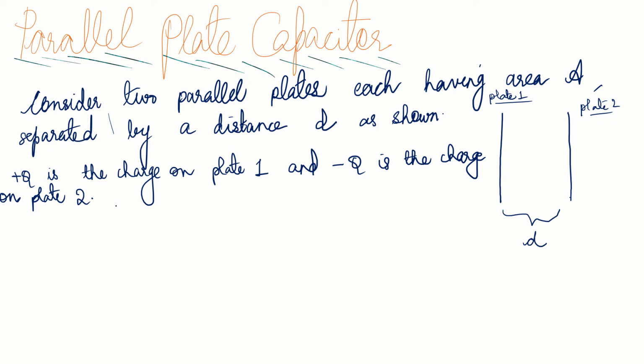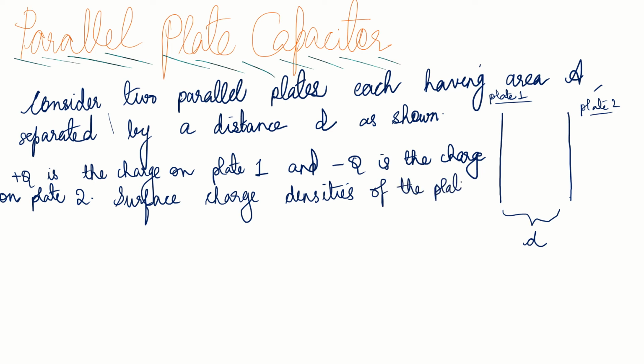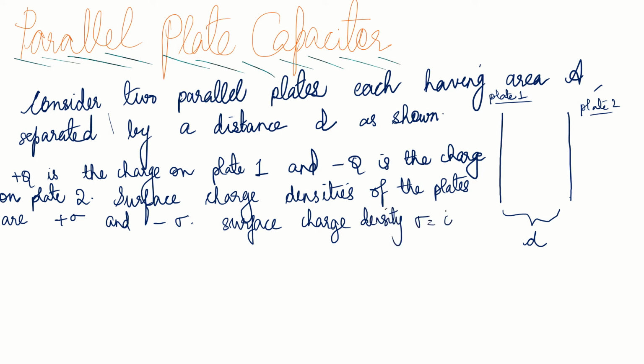And we can also write the surface charge densities of the plates are plus sigma and minus sigma. Surface charge density sigma equals Q by A.